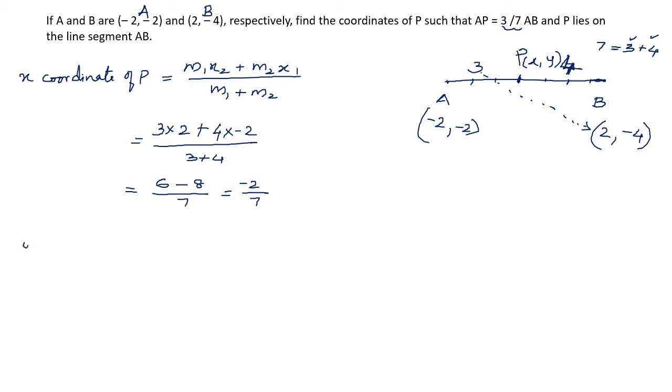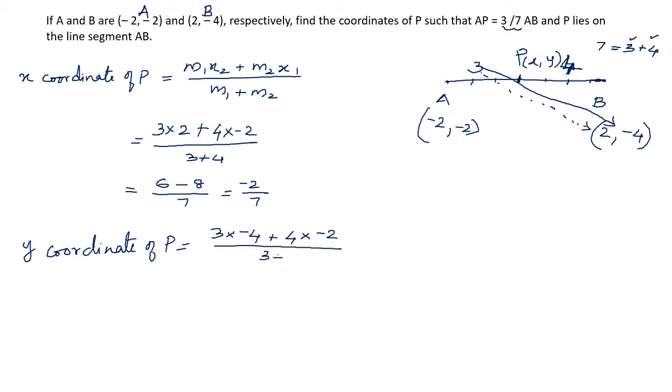Now what should we find? We should find the y coordinate of P. How will you find the y coordinate of P? Similar way, you have to multiply 3 into minus 4 plus 4 into minus 2 by 3 plus 4. So what will you get? Minus 12 plus minus 8 by 7.